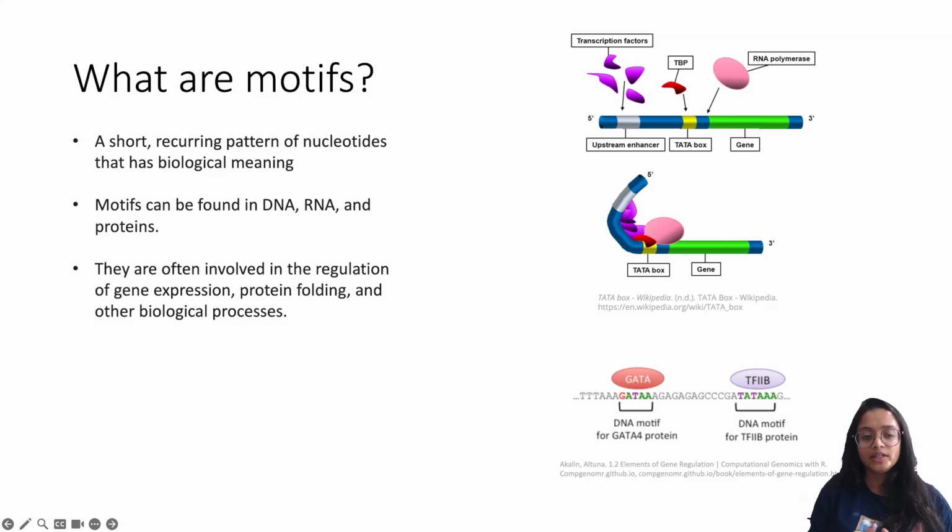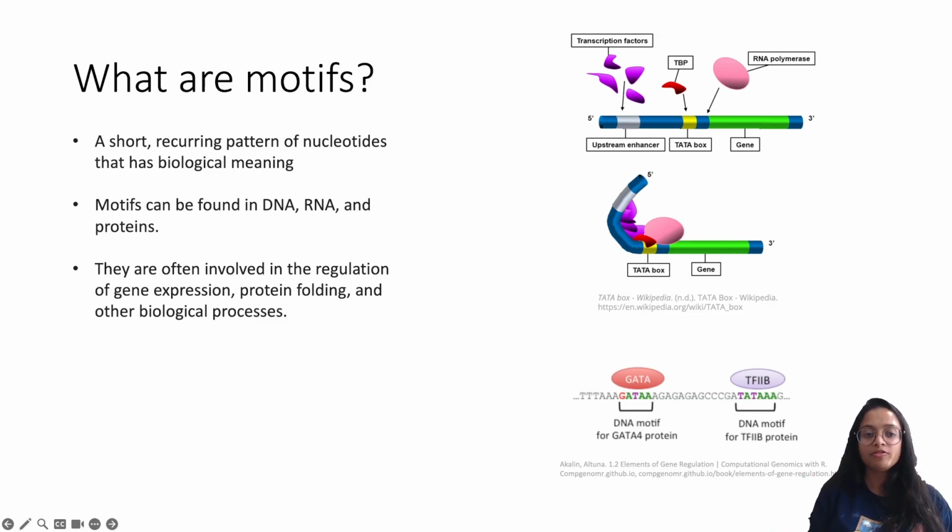Now, these motifs play a very important role in different biological processes. Some of the most important functions of these motifs include gene regulation, as I previously mentioned, as these motifs are involved in the regulation of gene expression, like the TATA box motif to which the TFIID protein binds, and this results in the recruitment of other proteins and causes the initiation of transcription.